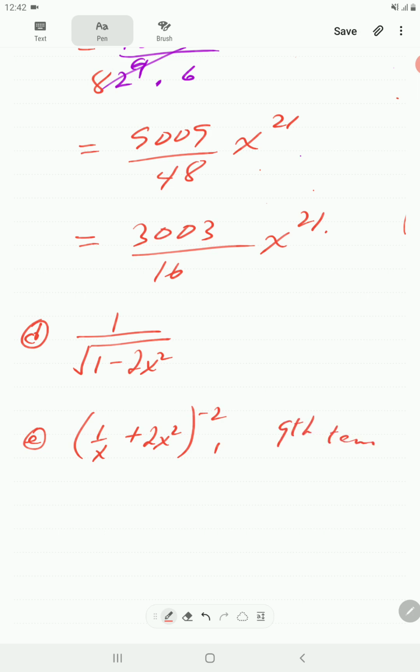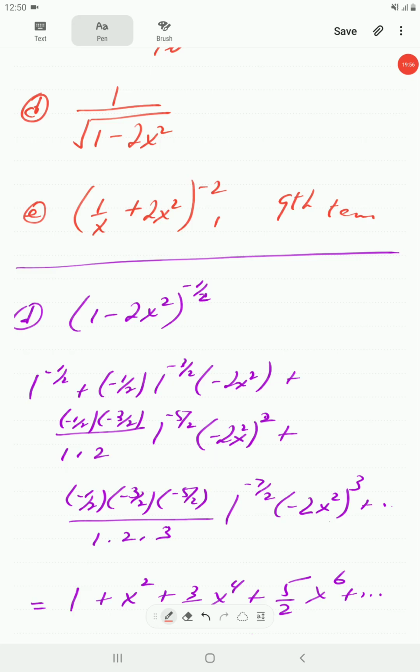Okay. All right, in D, our n is negative 1/2. So the first term is going to be 1 to the power negative 1/2. Second term coefficient is negative 1/2. This power is going down to negative 3/2. And the b term is to the power 1. Then in the next term, the denominator, the coefficient is 2 factorial.